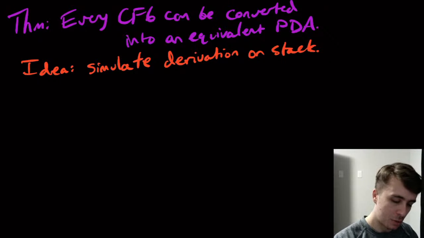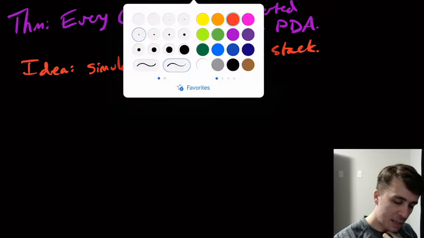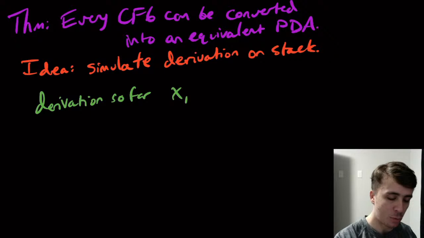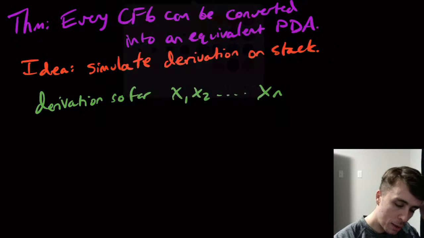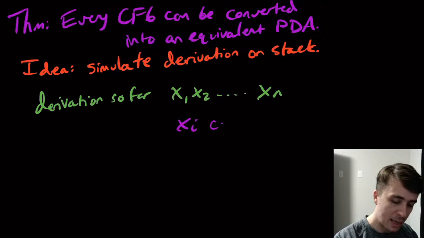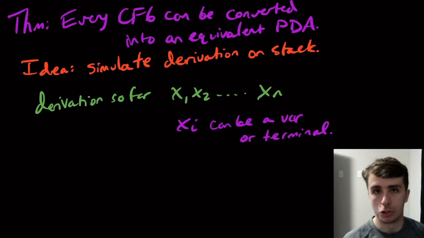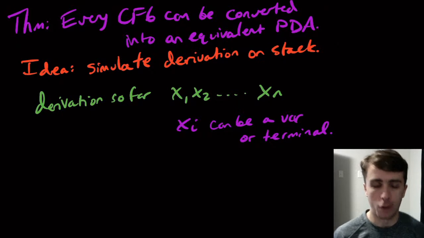Okay, so simulate the derivation on the stack. Let's say that we have a derivation so far that is x1, x2, up to xn, where each xi can be a variable or a terminal, because it's just a derivation so far.